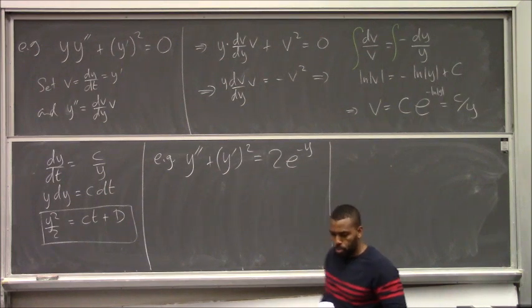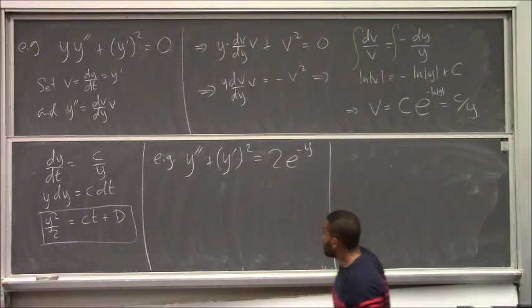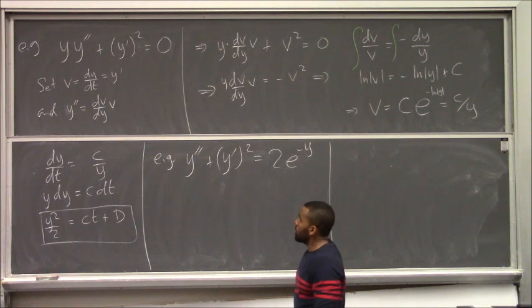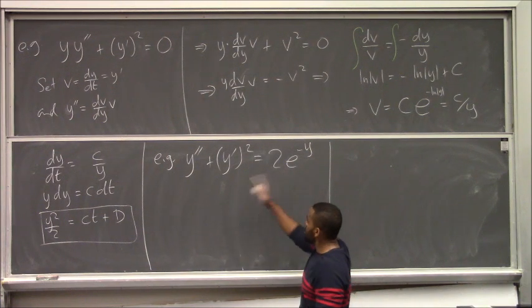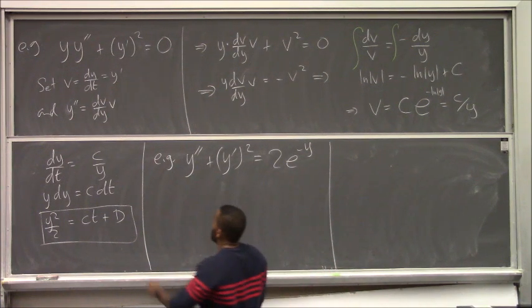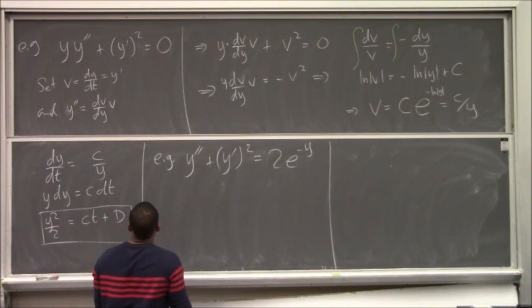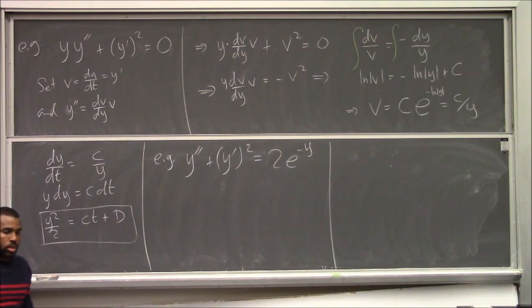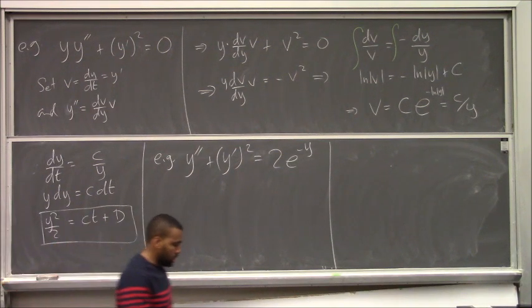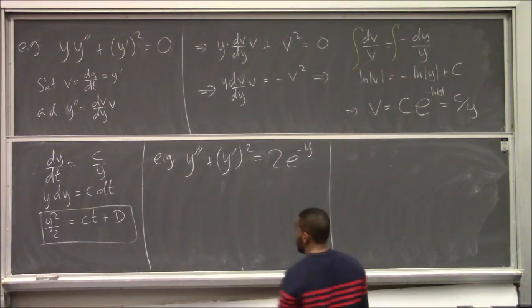So is it always that v is equal to dy dt and the v double prime? In the case that there are no t's, you can try that. Is it always the case? Yeah, it's like a general case when you have a second order equation and your t's are missing.